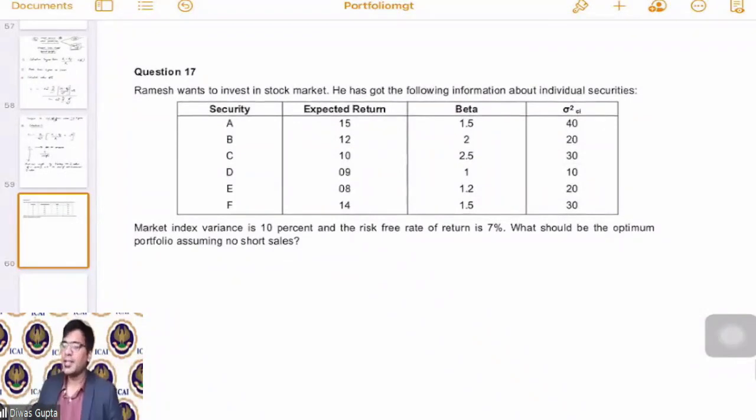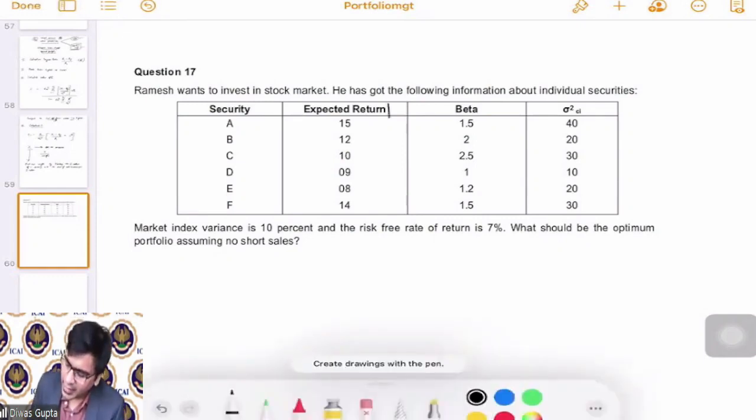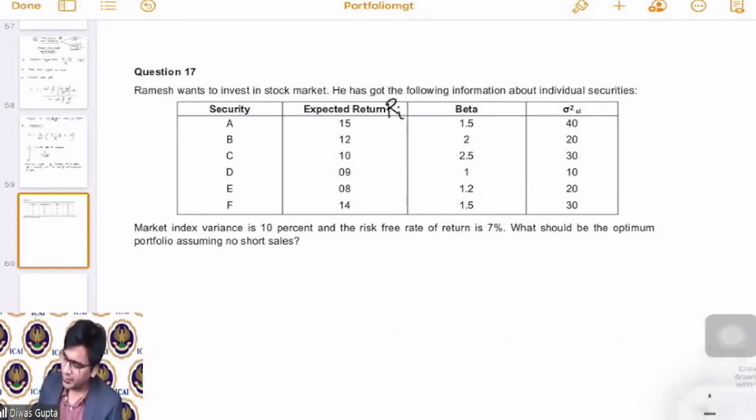So, question number 17 says that Ramesh wants to invest in the stock market. He has got the following information about the individual securities. There are 6 individual securities, A, B, C, D, E, F. The expected return, which is Ri, is given. Beta is also given.